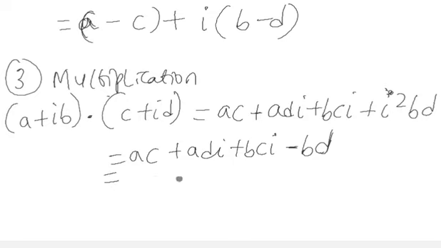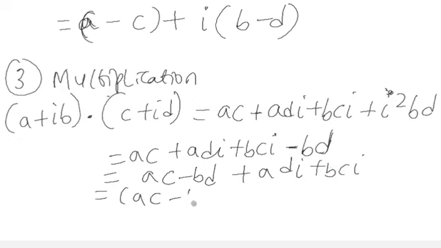We take common terms together, that's ac minus bd plus adi plus bci. We'll put the common terms in brackets, so these are the real parts together, then the imaginary parts, ad plus bc.